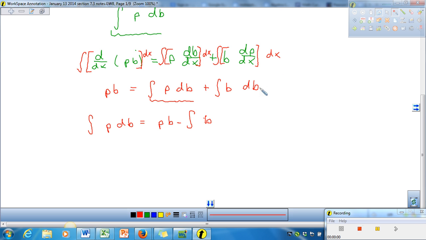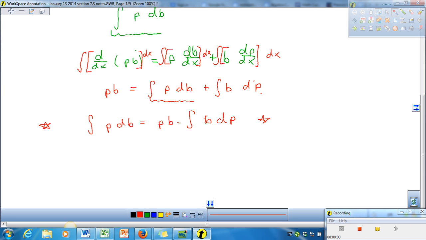Sorry, this should say dt. It should say p, p, p. There we go. This is the form, or the format, that we use for integration by parts.